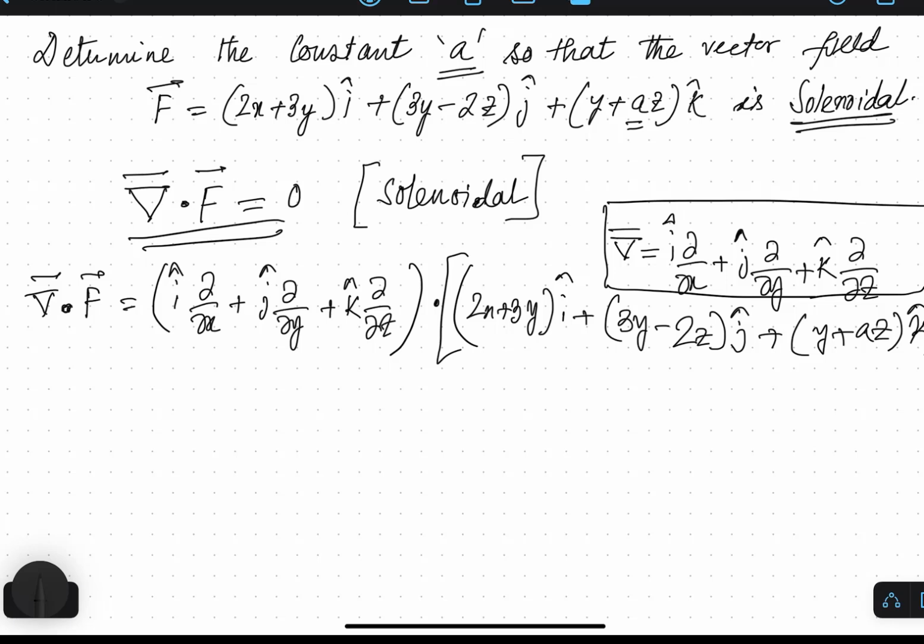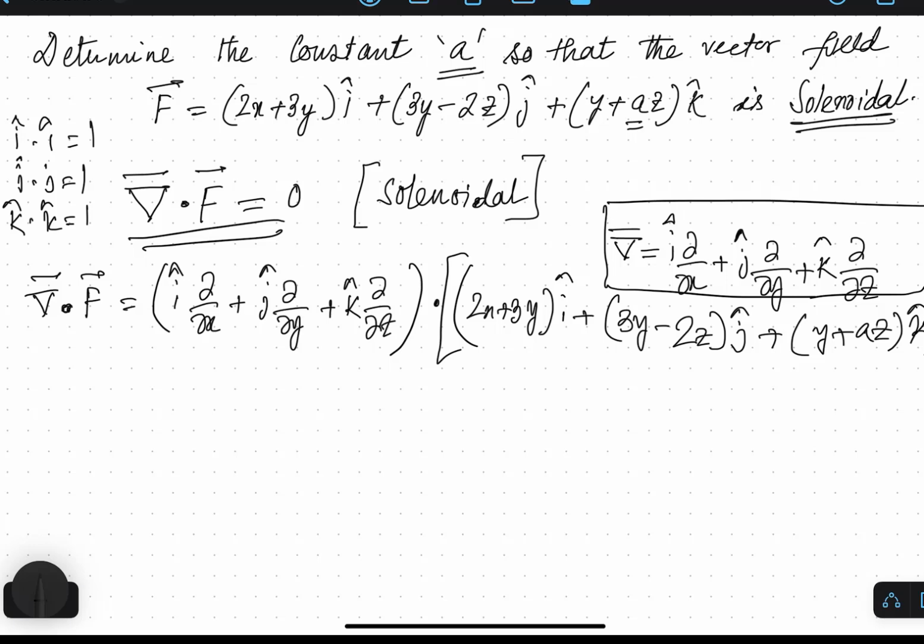While calculating this divergence, keep in mind what you learned in class 11 about the dot product: i dot i gives 1, j dot j gives 1, k dot k gives 1.